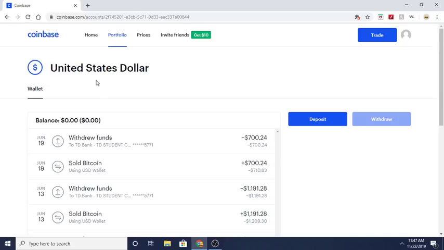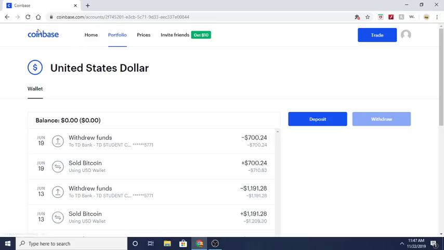You could just add a US dollar deposit, so the money will be available on your Coinbase when you want to buy cryptocurrency, Bitcoin or Ethereum. You can deposit money in United States dollars, so the money will be available on Coinbase instead of just taking it from your bank.